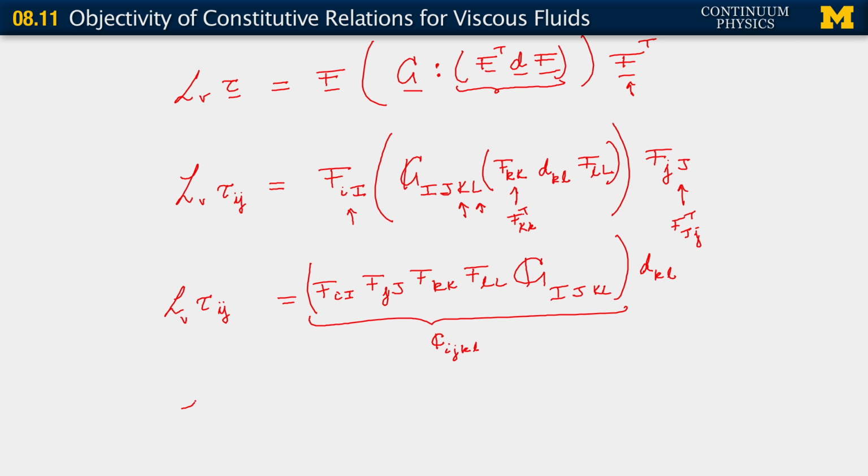And finally, we have our relation for stress rate in the current configuration related to a tensor that is essentially a strain rate in the current configuration, right? Our rate of deformation tensor.